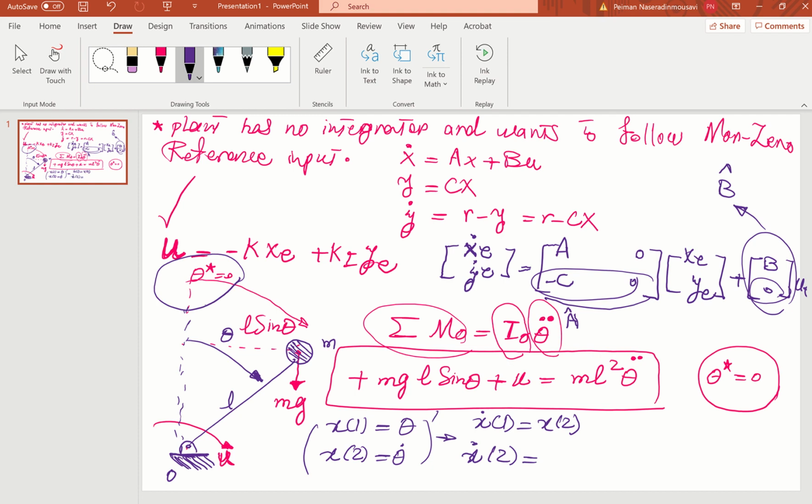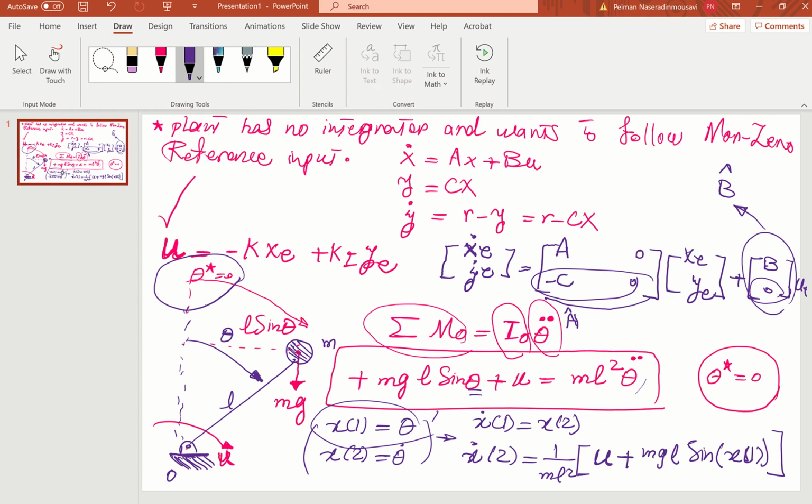Theta double dot is going to be 1 over mL squared, u controller, plus mgL sine of what is theta? x1, because we are going to state spaces, right?